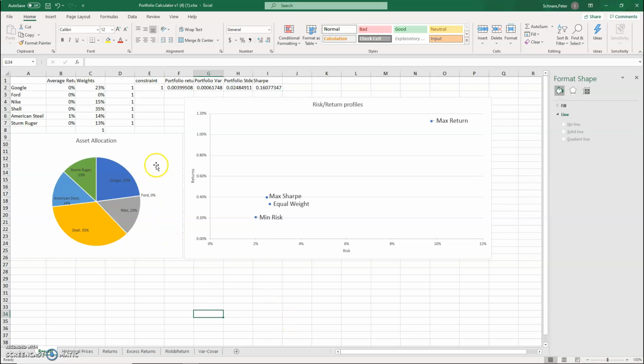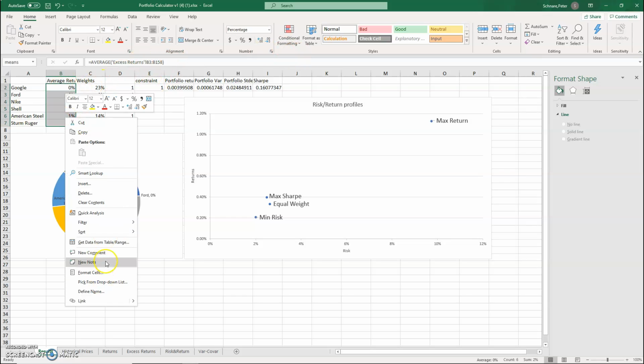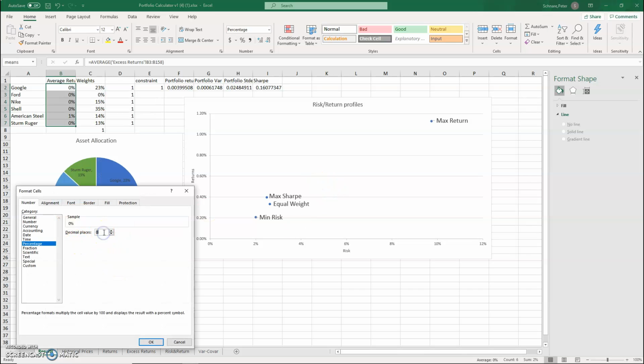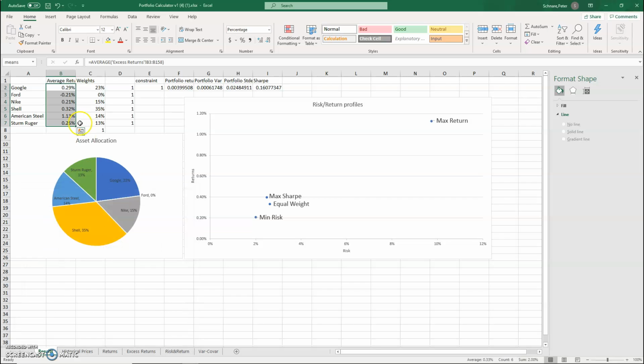And basically what we've done is originally we gave all of these stocks here equal weight. We gave their average return, and that's their excess return, essentially the average of the excess returns. And let's get a couple more significant digits there because they are non-zero as well. Because if they were zero, you wouldn't get anything.